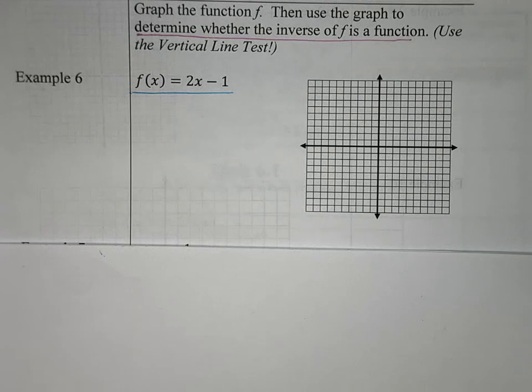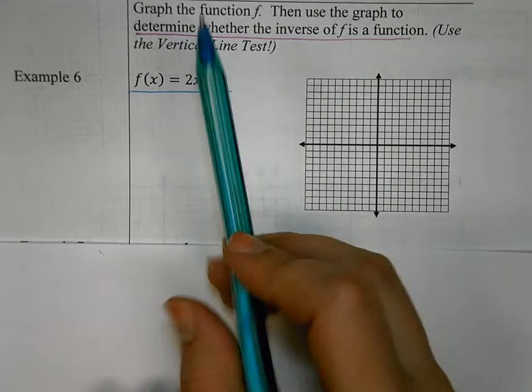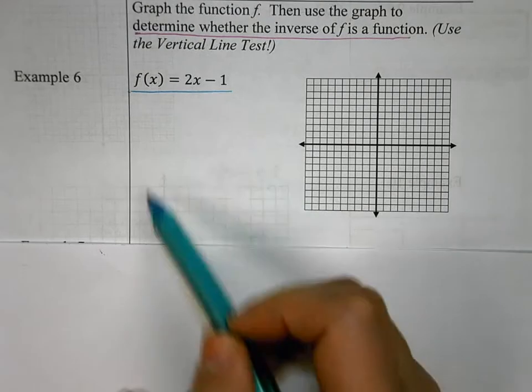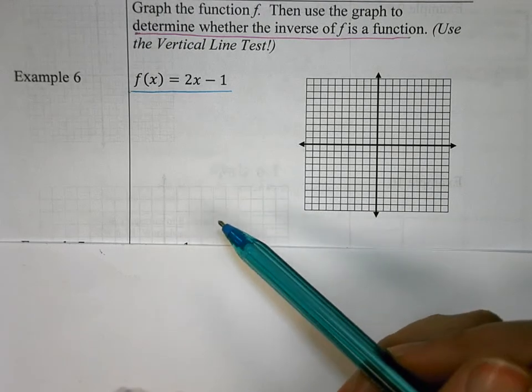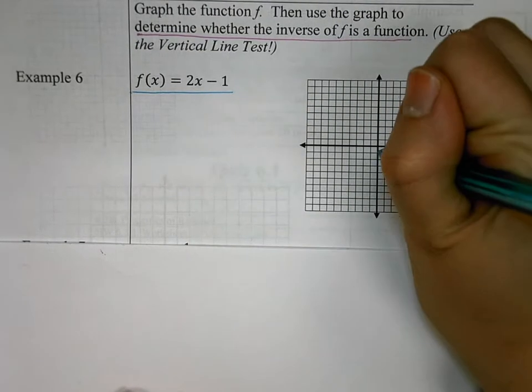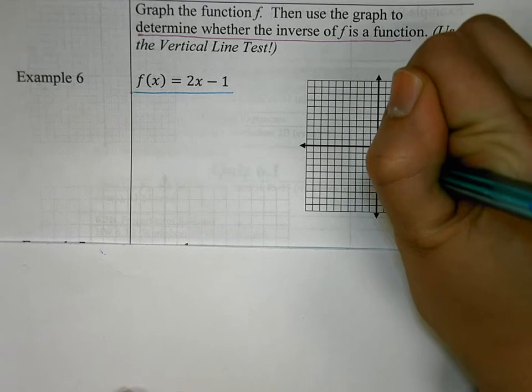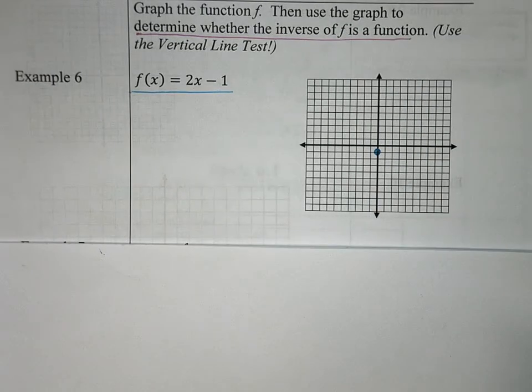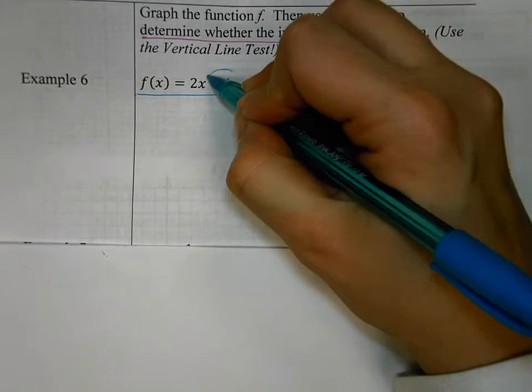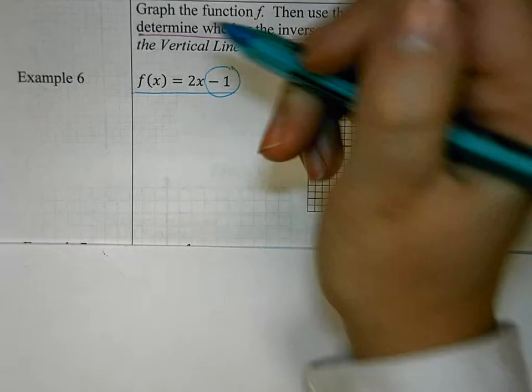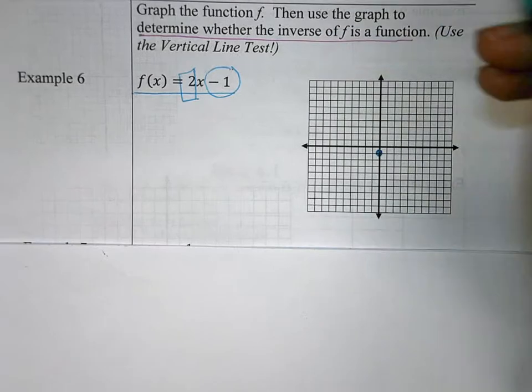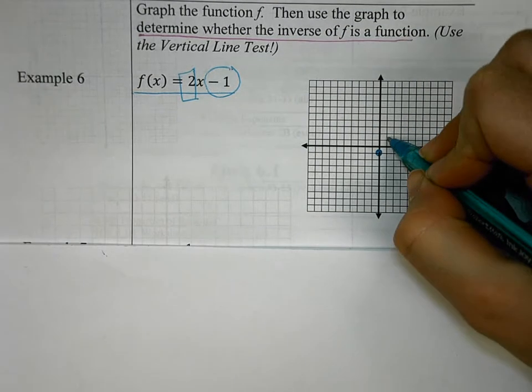Okay, guys, the good thing about this graph is that we're not going to do any algebraic work to find the inverse, okay? But we do need to know how to graph a line. What is the y-intercept of this line? Negative 1. So put a point at negative 1. What is my slope? So my y-intercept was negative 1. My slope is 2 over 1. So we're going to go up 2 over 1.